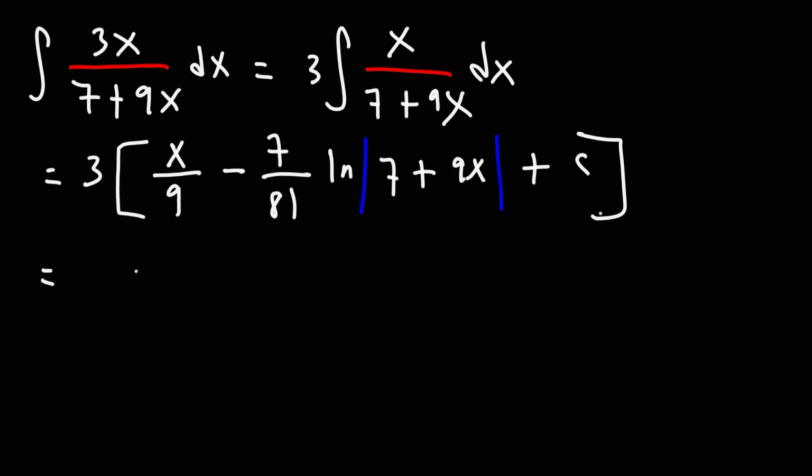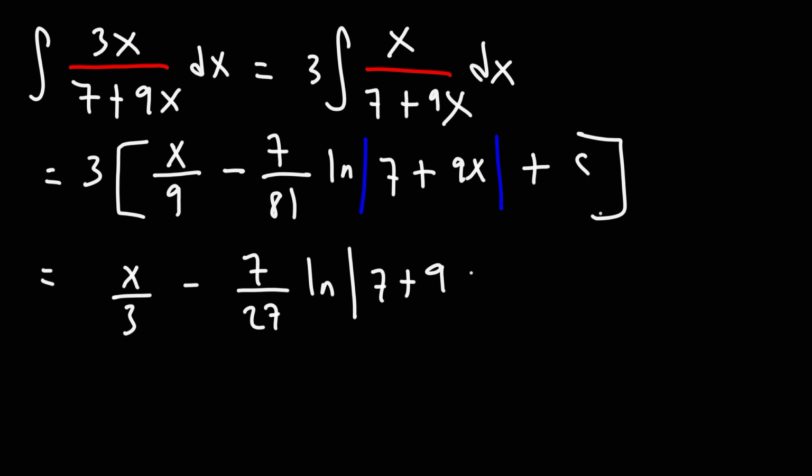So 3x over 9 reduces to x over 3. And then we have minus 81 divided by 3 is 27. So this becomes 7 over 27, and then natural log. We don't need to multiply the constant c by 3 because it will still be a constant. So now let's take the derivative of everything here.